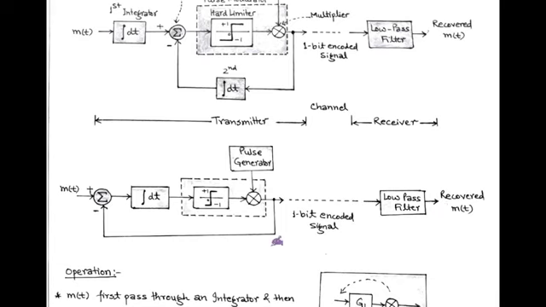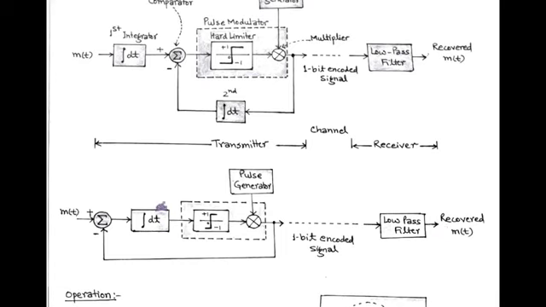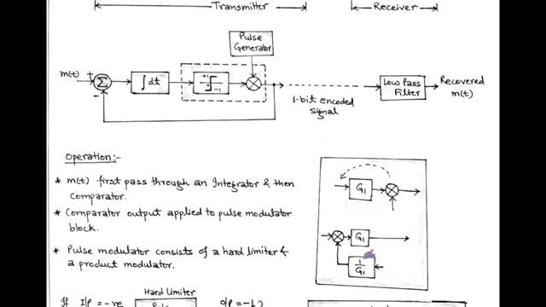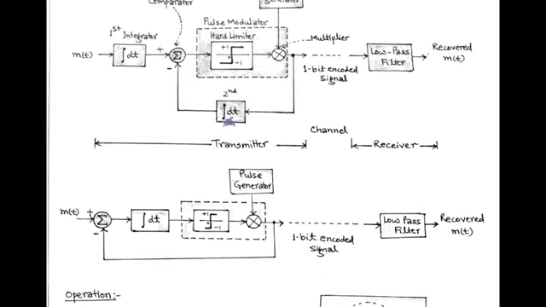This is shown in the second block diagram after reduction. Here the comparator is shifted toward the left of the first integrator. And there is a cancellation of both integrators and they make a unity feedback. So there is no requirement of a differentiator at the receiver side.